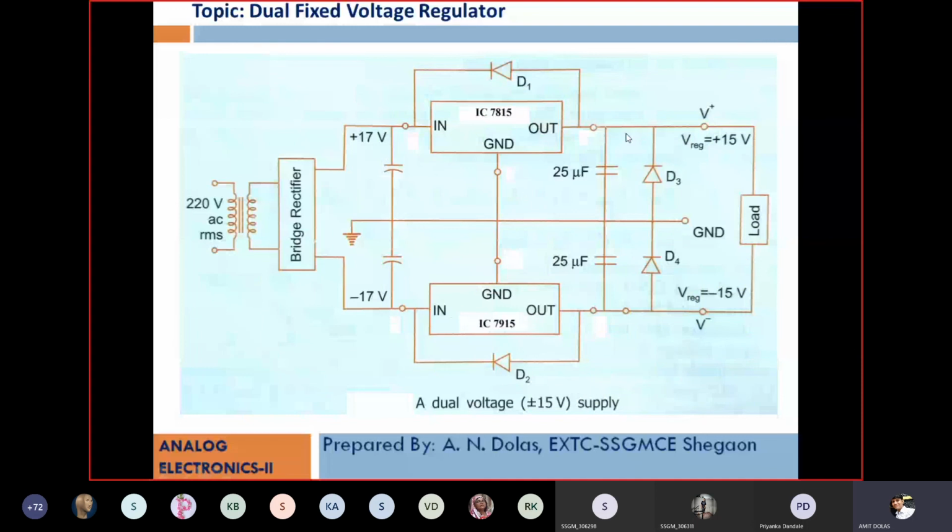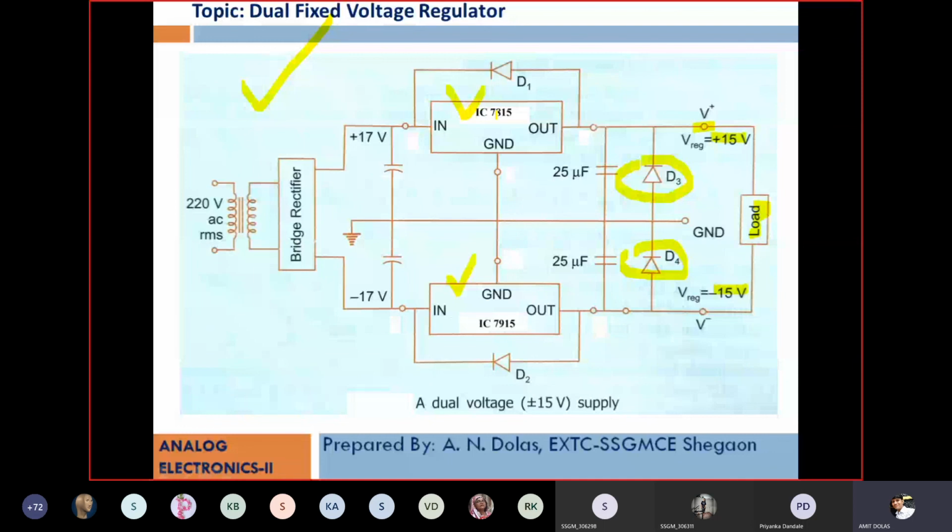Suppose we are not using diodes D3 and D4, and the load is connected between plus 15 and minus 15 directly. Then what happens? These are the ICs. The responses of the ICs may be different. As soon as I turn on the power supply, one of the ICs may start earlier. Suppose this starts slightly faster than this one.